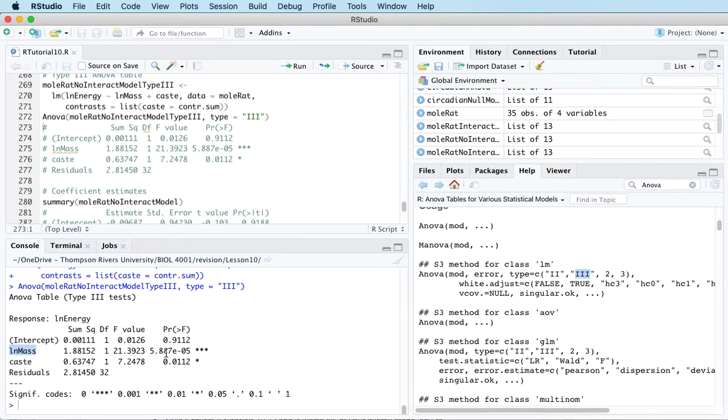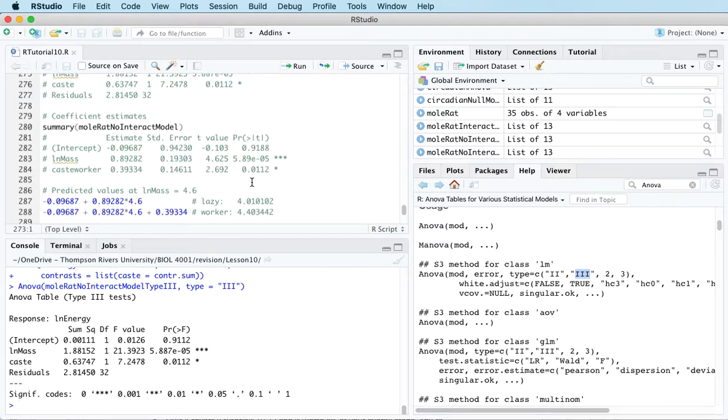And in this case we can see that the p-values are both less than 0.05, so we would reject the null hypothesis in favor of the alternative hypothesis and determine that there is a linear relationship between log mass and log energy when we account for cast, and there is a linear relationship between cast and log energy when we account for log mass.